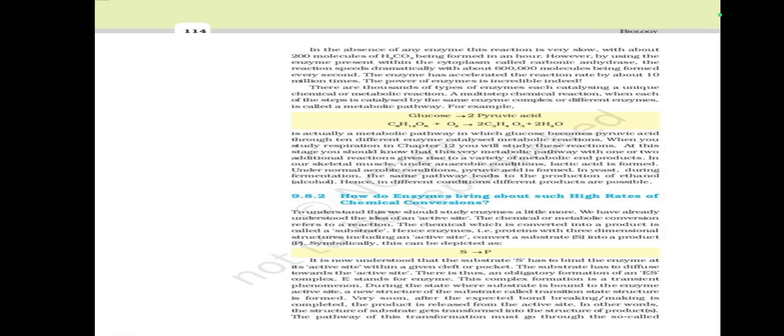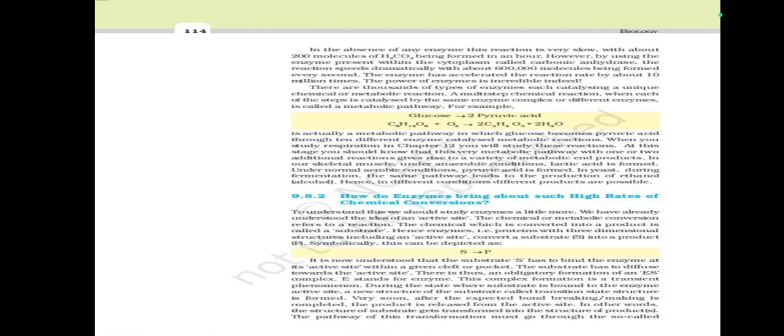Under anaerobic conditions, lactic acid is formed. Under normal aerobic conditions, pyruvic acid is formed. In yeast during fermentation, the same pathway leads to the production of ethanol. Hence, in different conditions, different products are possible.